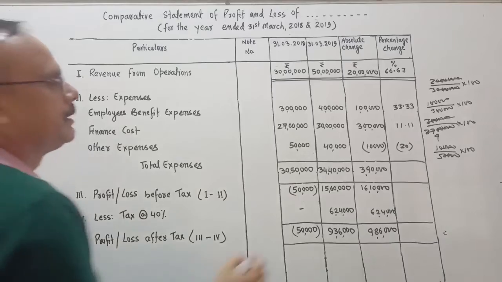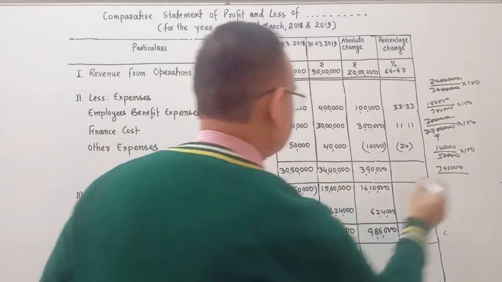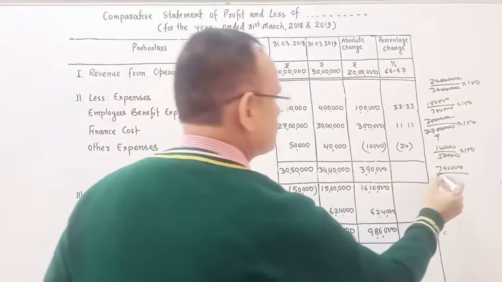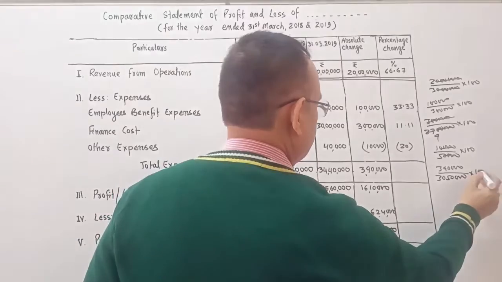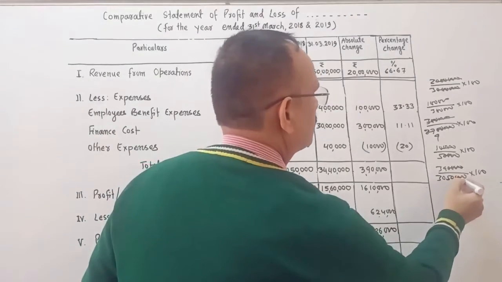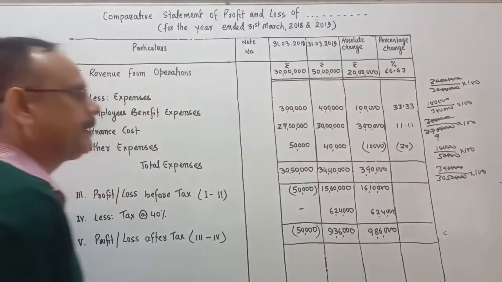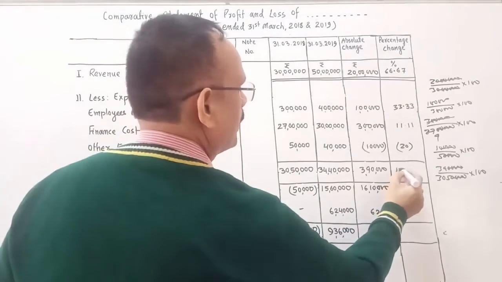Next is 3,90,000 and the previous year figure is 30,50,000, into 100. You calculate it, this is 12.79.